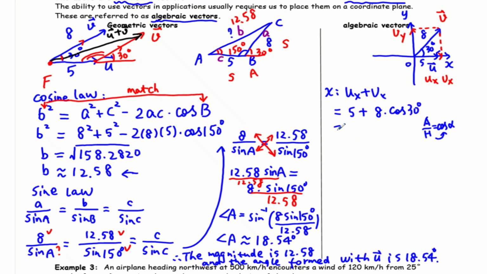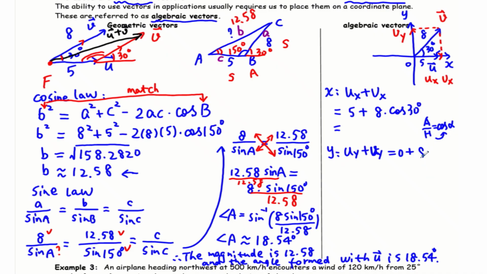So this is hypotenuse times cosine that gives us the x component. Then we do the calculation, we can find the x component. Then for the y component, it's uy plus vy. uy is 0. vy is opposite over hypotenuse equals sine. So opposite equals hypotenuse times sine.